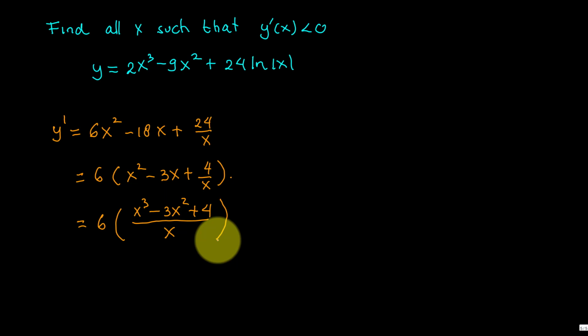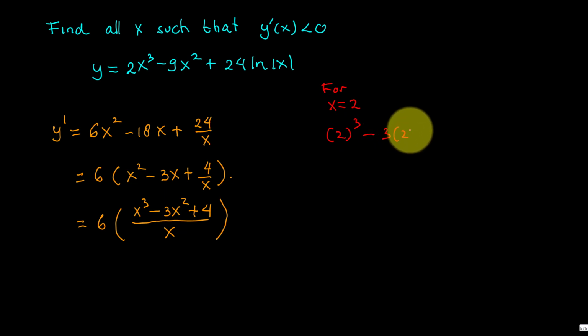After checking several values, I found that for x equal 2, we get 2 cubed minus 3 times 2 squared plus 4. What is this equal to? 8 minus 12 plus 4, which is exactly 0.